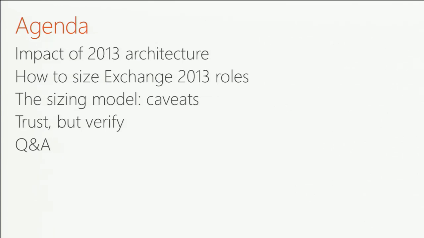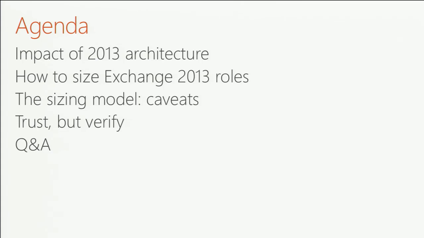So I'll be calling that out as we go through so you can make a note of what those changes are. Then we'll briefly talk about some caveats, things that aren't covered by our sizing guidance. We don't cover everything, and it's important to be aware of various scenarios that might apply to you and your customers if you're working in a consulting role going through this process, where our guidance may need to be extended or have some additional overhead added on top for things like third-party applications.